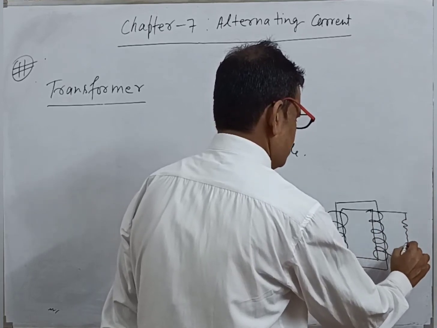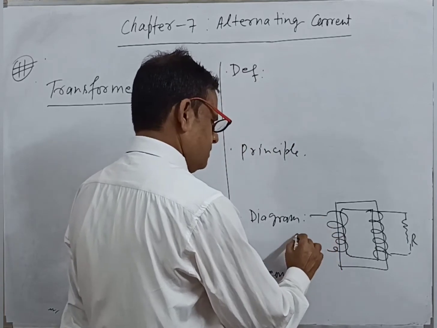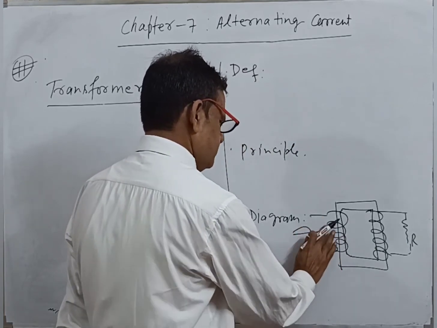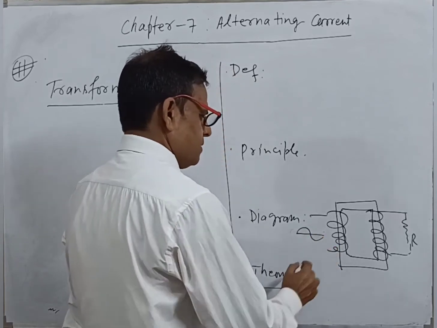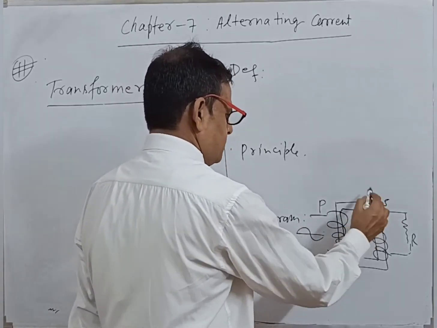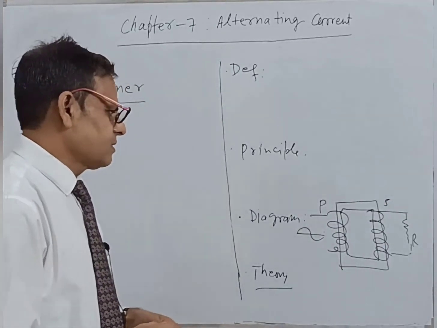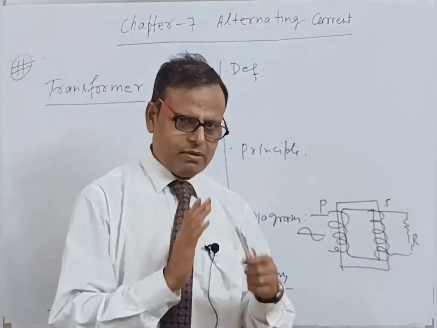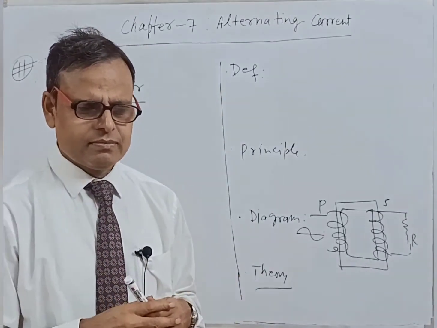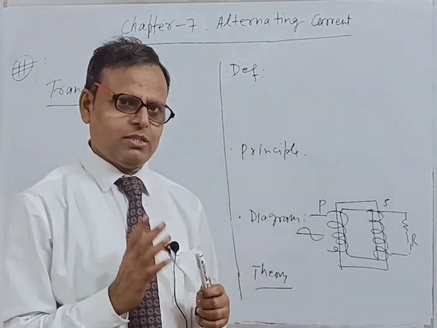It is connected by the load resistance R. It is connected by the input AC, like that. This is primary coil, this is secondary coil. What happens? Resistance of primary and secondary coil are negligible. So input power is equal to output power is observed.